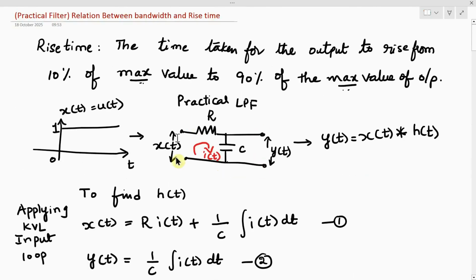This is a simple RC circuit that we have considered, which is a practical low pass filter.